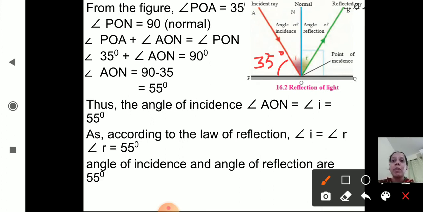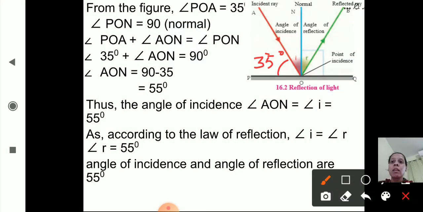See, this angle PON is 90 degree. ON is the normal. Now angle PON is equal to angle POA plus angle AON.